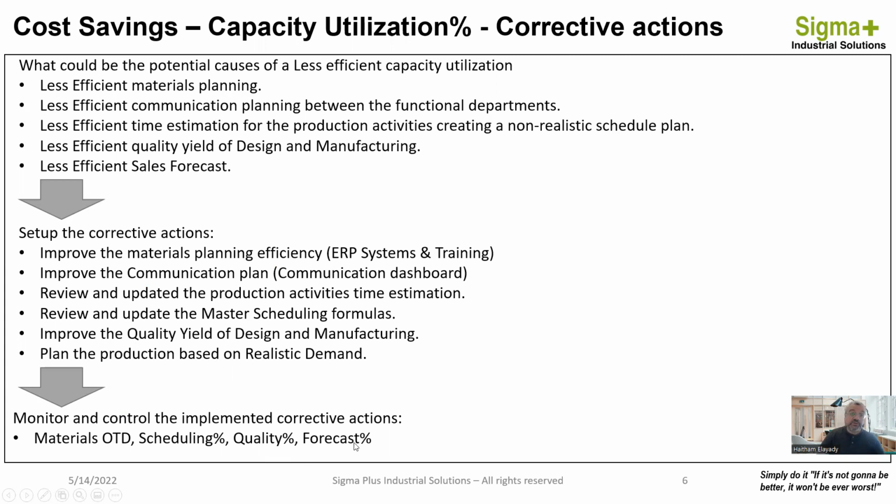Or even the most important point is to monitor and control the forecast efficiency coming from the sales team to make sure that the forecast of the demand became more realistic.